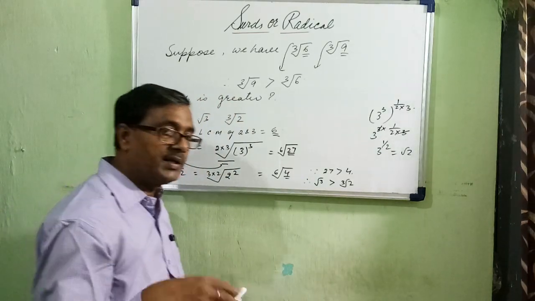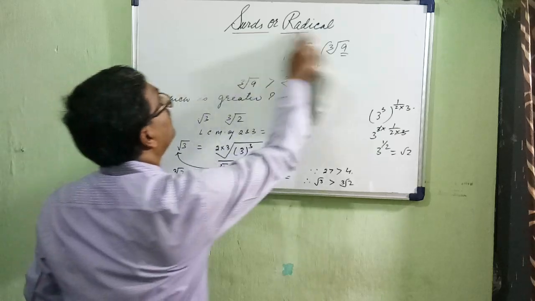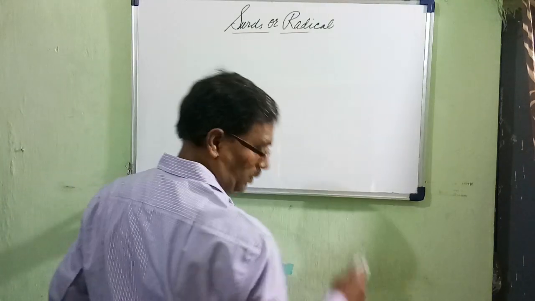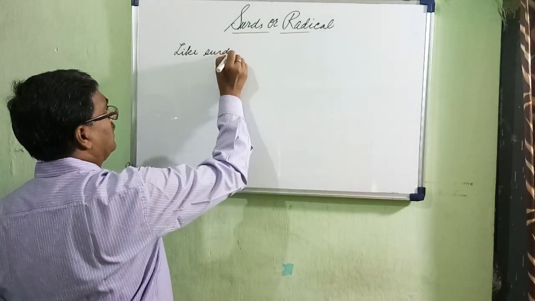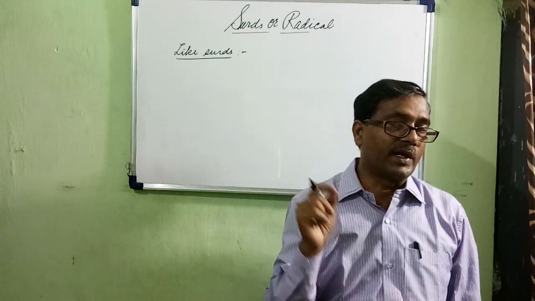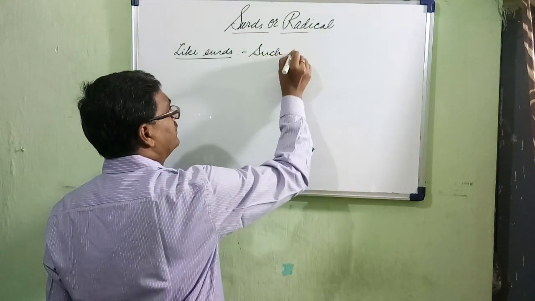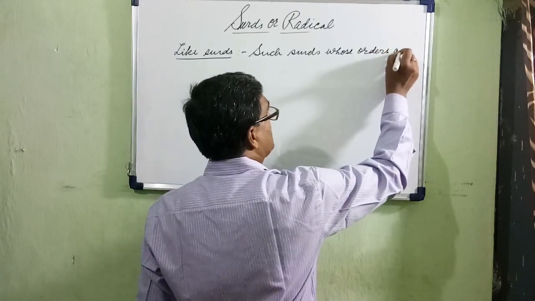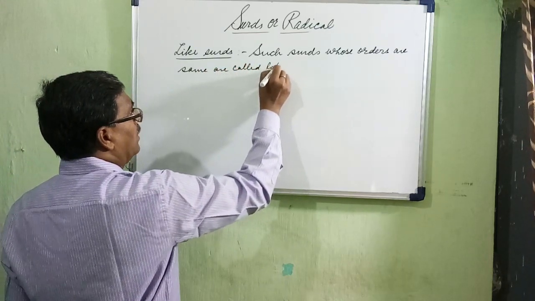Now, what is the difference between similar and like surds? Like surds: such surds whose only order is same, not necessarily the radicand, are called like surds.